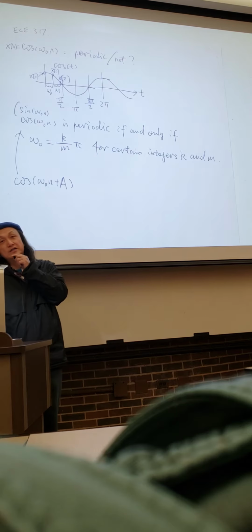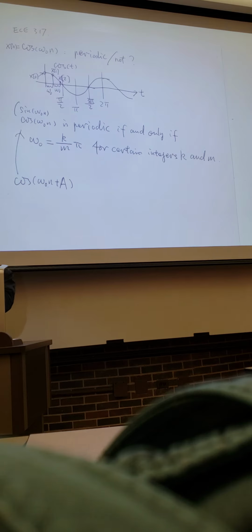So this is quite different from the continuous time case. For the continuous time case, cosine of omega t plus phase angle will always be periodic, right? That's the continuous case. But for the discrete time case, you cannot say that. Does this make sense?